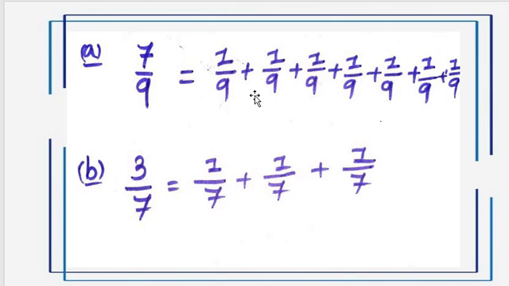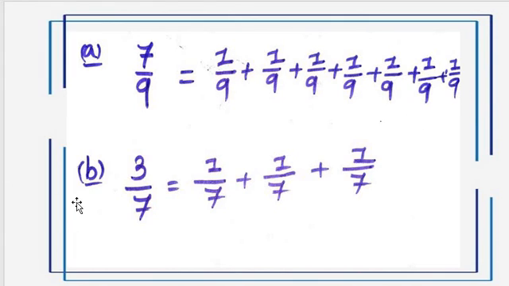We repeat it 7 times: 1 time, 2 times, 3 times, 4 times, 5 times, 6 times or 7 times. We keep repeating till 7 times. Understood? The answer is 1 upon 9 added 7 times.